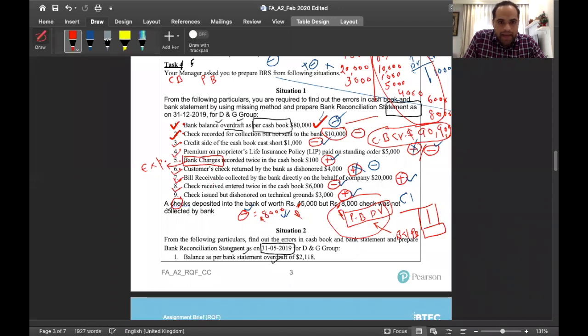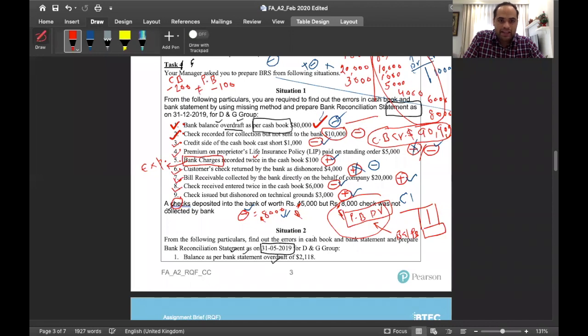Actually, my bank charges are 100 because it's charged by the bank. So bank minus 100. But when I was deducting bank charges from my cash account, by mistake I deducted 200, because it was recorded twice. It's 1, but multiplied by 2 becomes 200. So the balance is not equal.